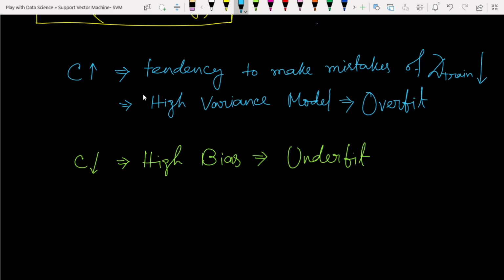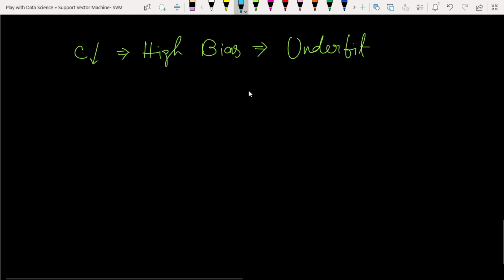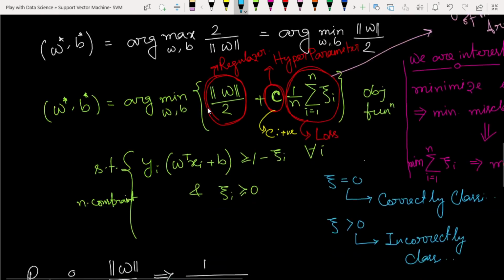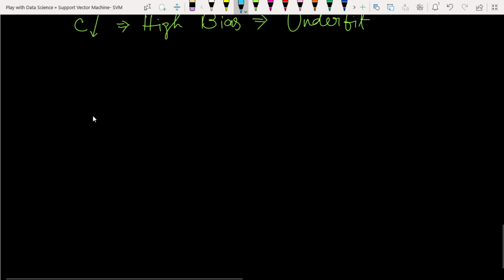And one thing at the end of this lecture: if you remember the sklearn library for logistic regression, there we have taken the hyperparameter C, and C is simply 1 by lambda.